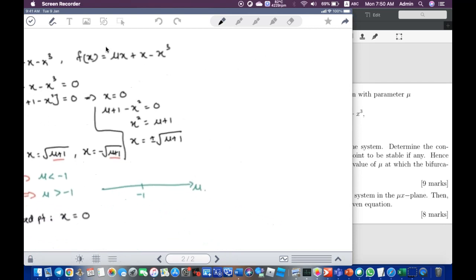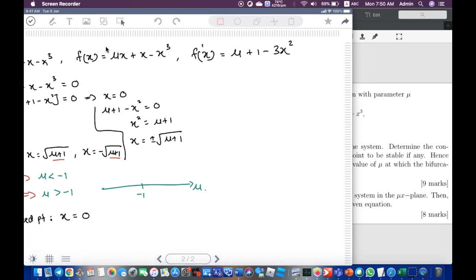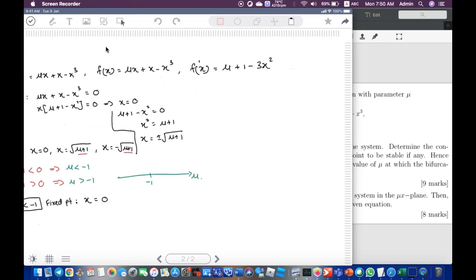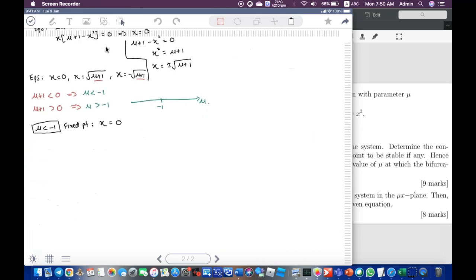Then using the theorem to determine the stability for a 1D system, we differentiate that with respect to x. So you get mu plus 1 minus 3x squared. Okay, so it looks like we can use this to determine the stability.